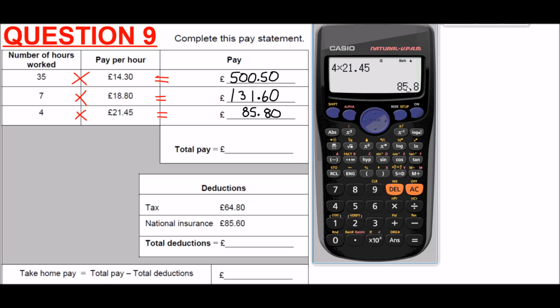So £85.80, which I've already got here, plus £131.60, plus £500, not 5,000, and 50. That comes to £717.90.